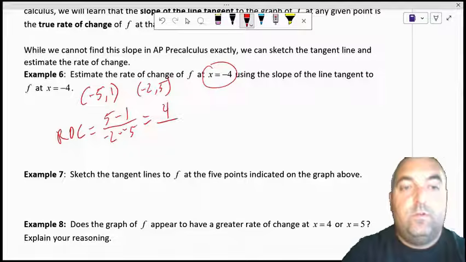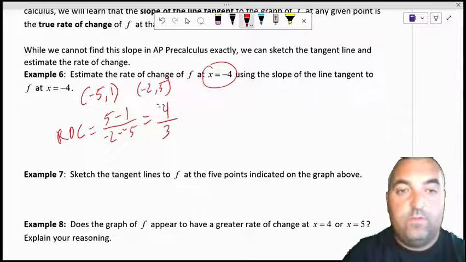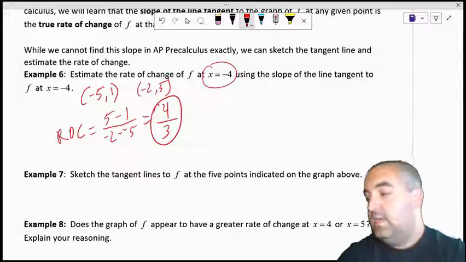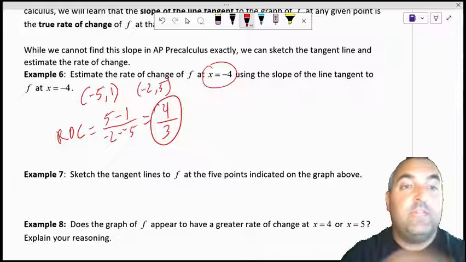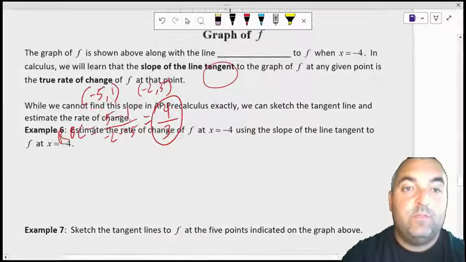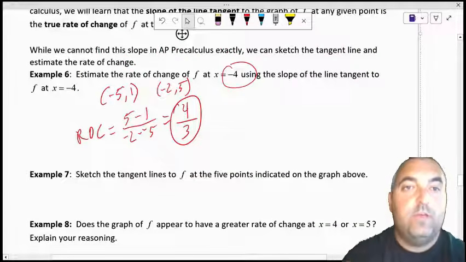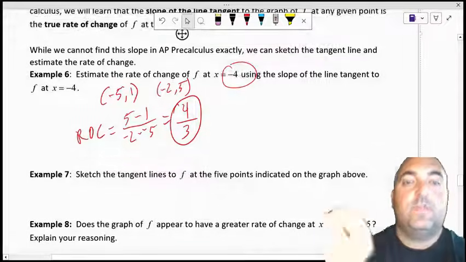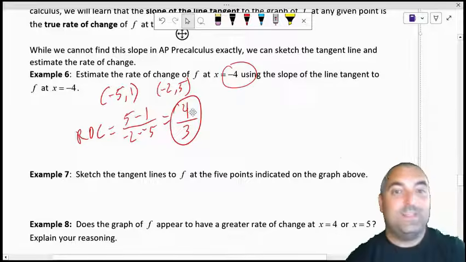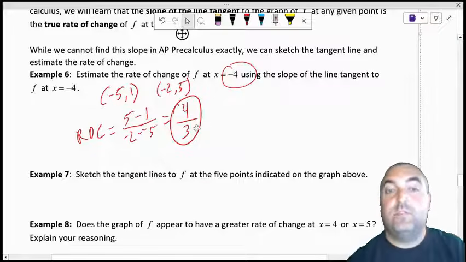We get 4, and we get 3, and there we go. 4/3 is what I got as my estimate. That could have changed. Technically, I estimated these points, right? So because I estimated these points, your answers could be a little different.